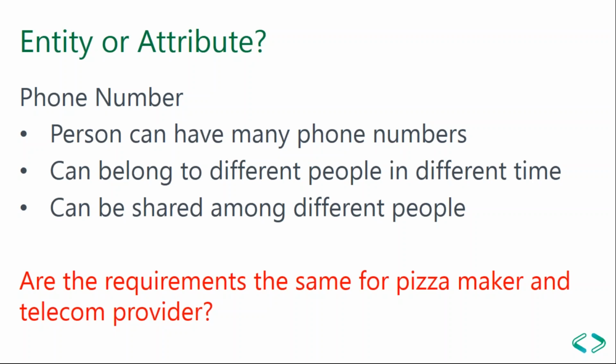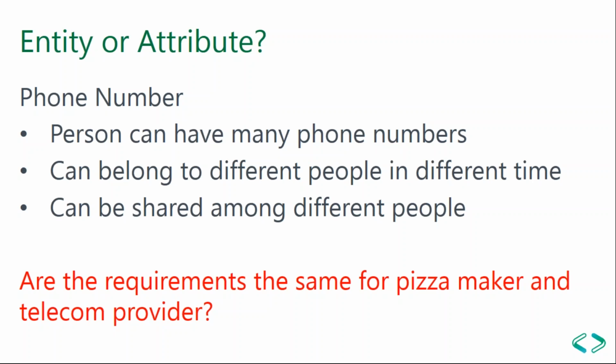Every person can have 2 or 3 phone numbers from different telecommunication companies. One phone number can be shared between different people, for example, if it's a corporate phone number.